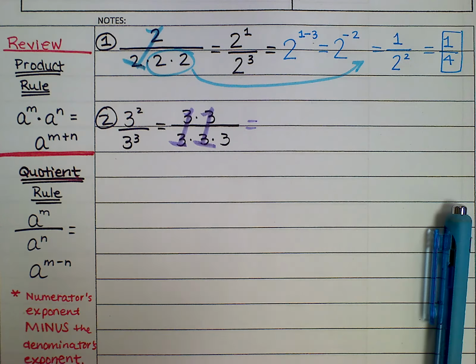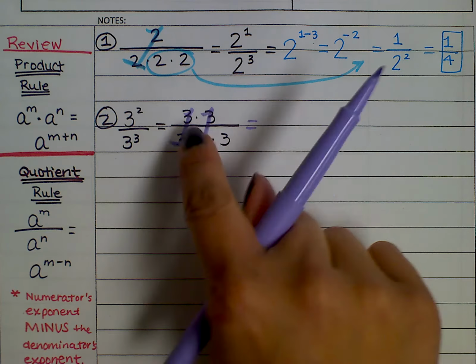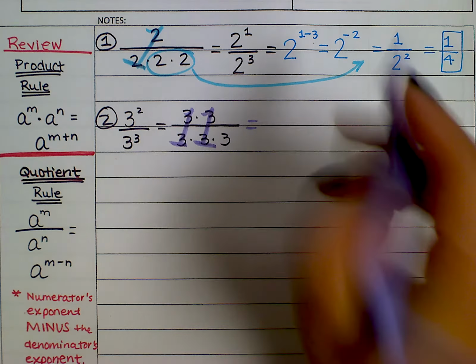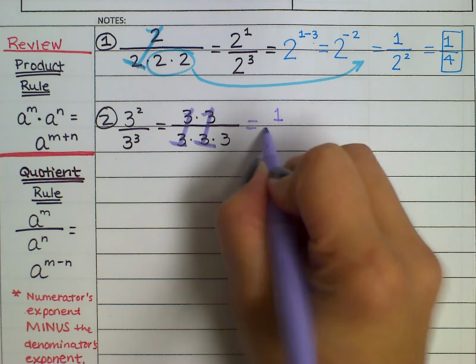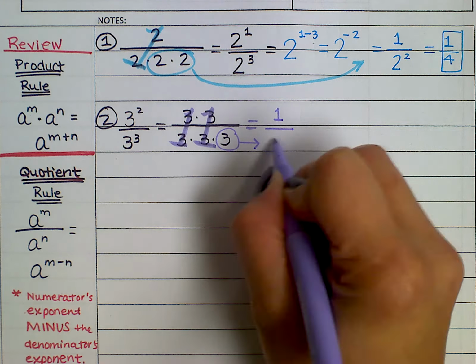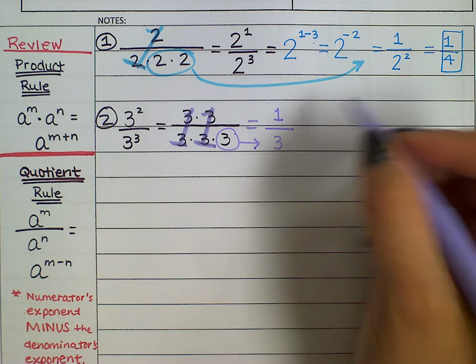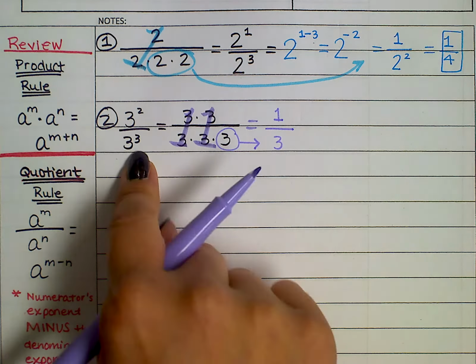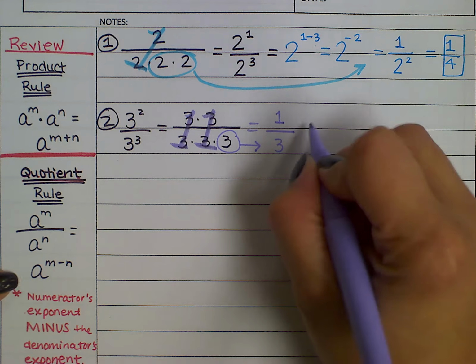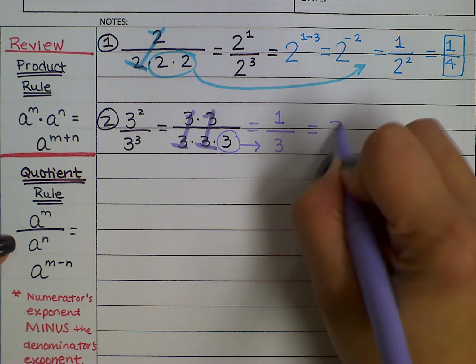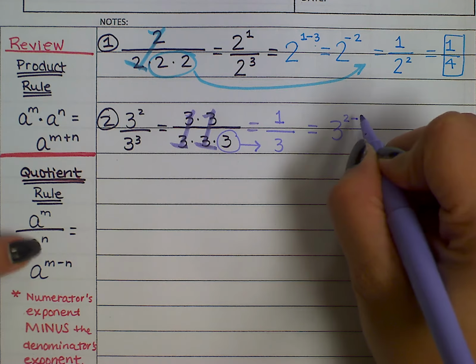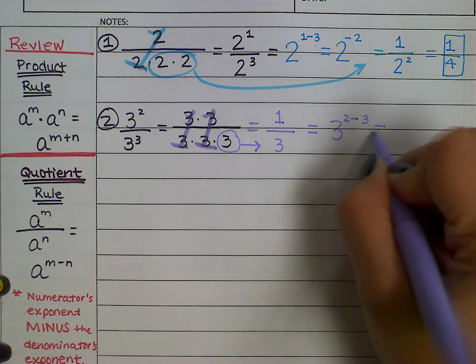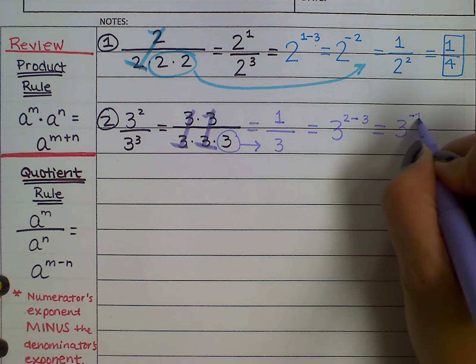Now, if we took that a little further here, 1 times 1 is just 1, and all I'm left with is a third. Actually, taking a look here, this is our quotient rule. I could have simply said 3 to the power of 2 minus 3 gives us 3 to the power of negative 1.